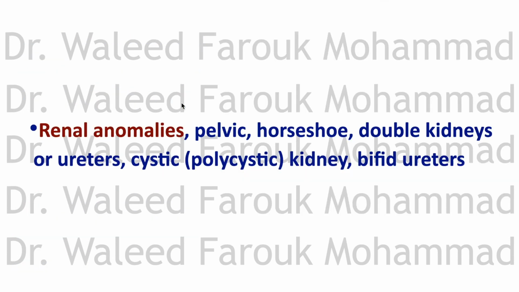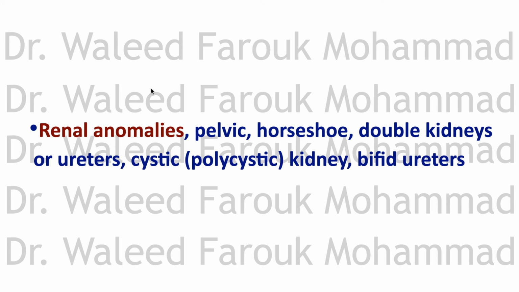Okay, there is a bunch of renal anomalies, like kidneys in the pelvis. They did not ascend as the normal kidney ascends because of the growth of the embryo. There are double kidneys, double ureters, or polycystic kidneys, especially if the collecting system, the collecting part of the kidney, which are the calyces and the pelvis, are misplaced.